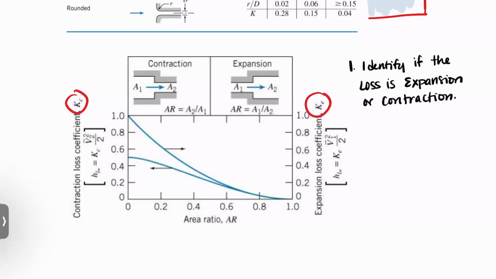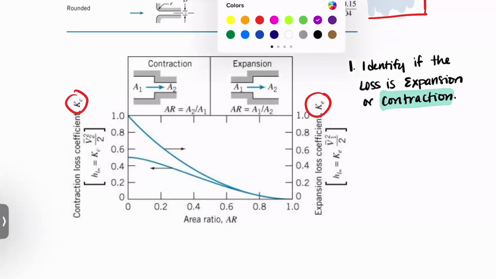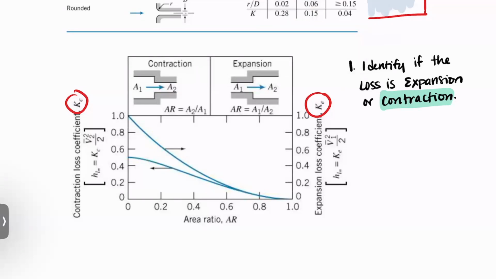If you have contraction, so if you're going from a bigger pipe to a smaller pipe, then you want to calculate your area ratio using the smaller one divided by the bigger one. So that's this step here. This figure guides you through the process.